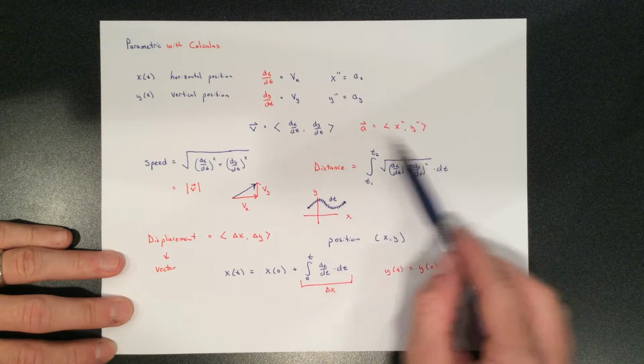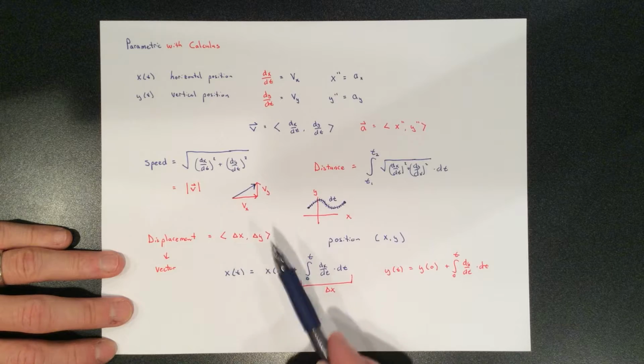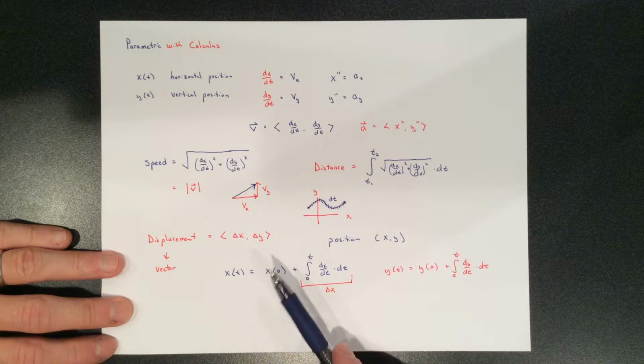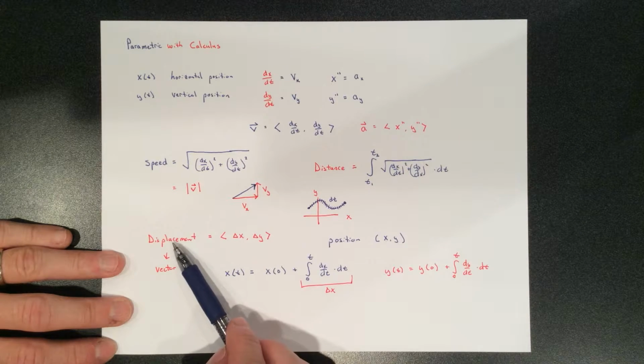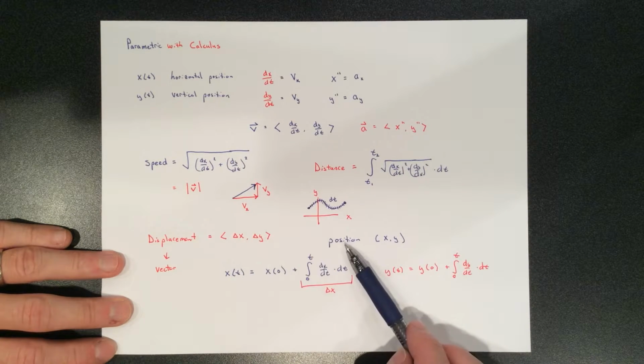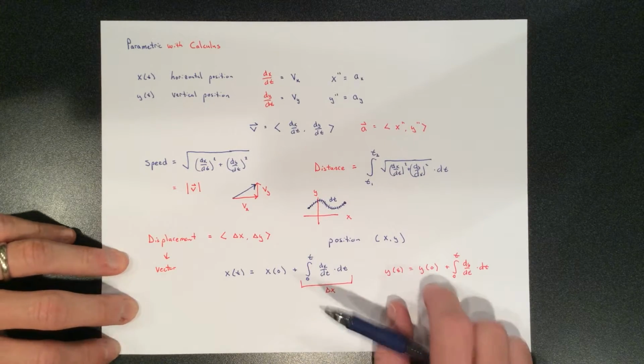This is just the difference between the start and the end, horizontally and vertically. They're different, and again, you have to think about the differences between distance traveled, displacement, which is a vector, it's got pieces, and then the final position is just a location. Where are you at 5 seconds, horizontally and vertically?